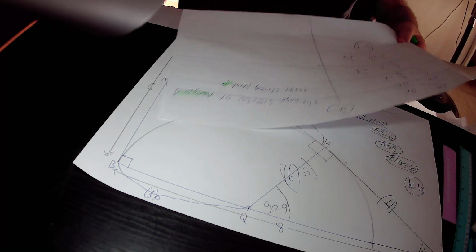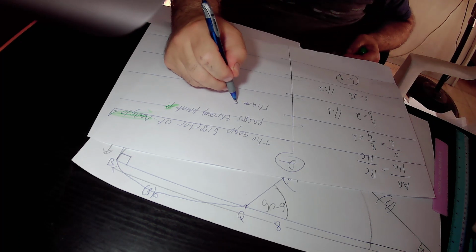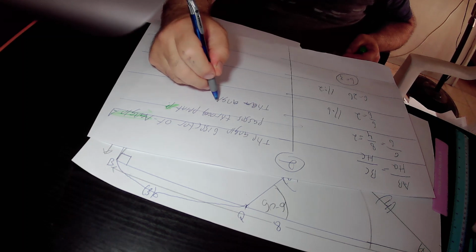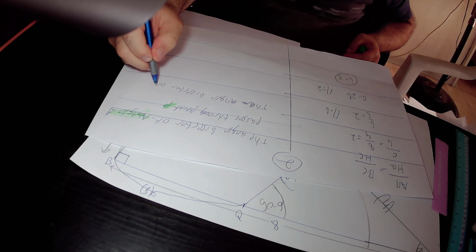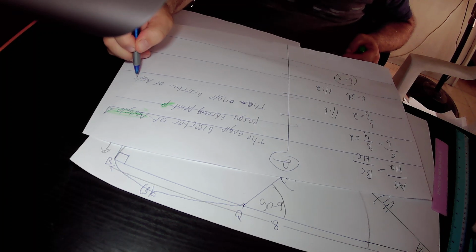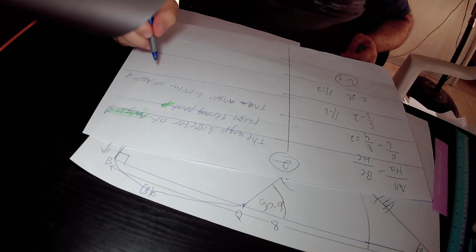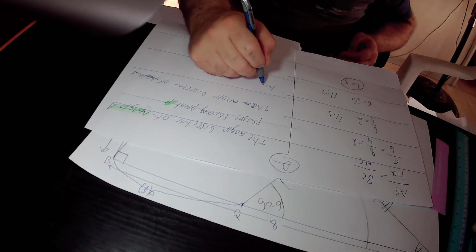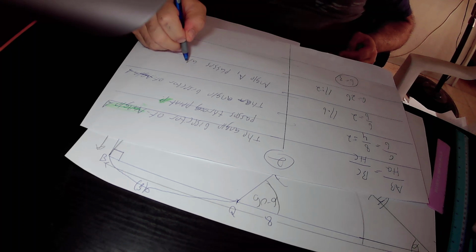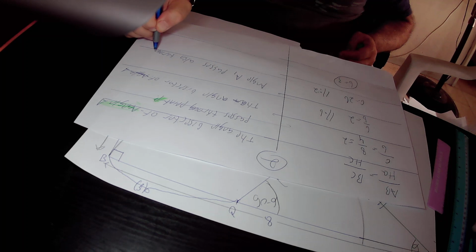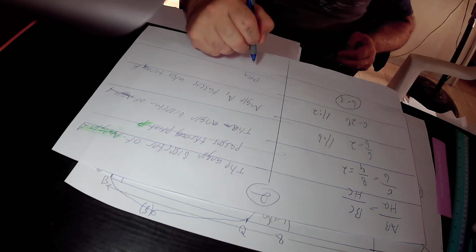So it is found out that the angle bisector of the same angle, angle A, passes also through point Q, that is the center of the big semicircle.